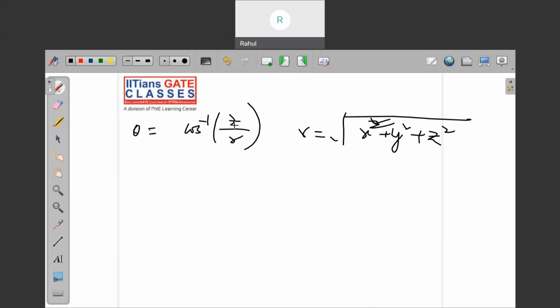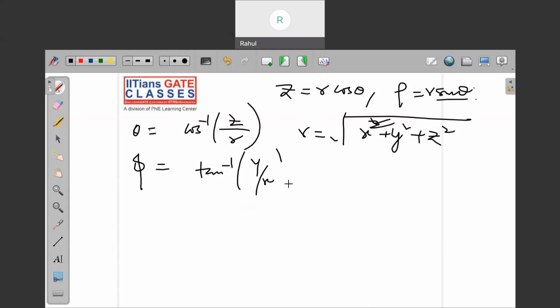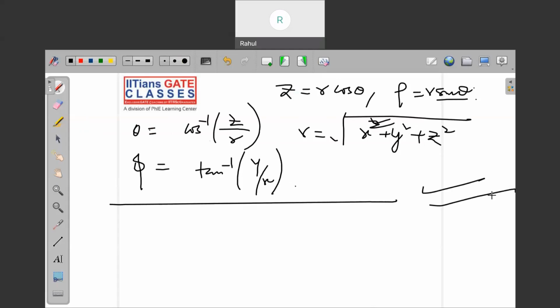This is z because, in the case of a sphere, we have seen from the triangle that z equals r cos theta and rho equals r sin theta. And phi will be tan inverse y by x. So these are the relations which we have to use.